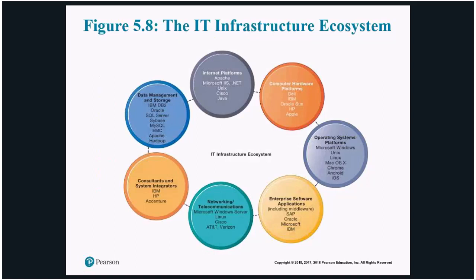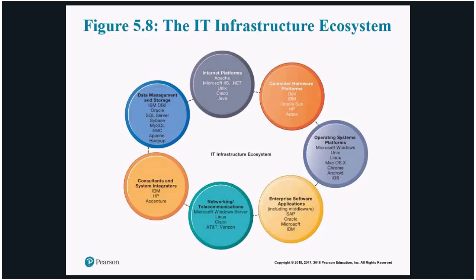There are some bigger ones. AT&T and Verizon are vendors for networking and telecommunication services. Some big consulting firms are IBM, HP, and Accenture. We can also put in cloud partners here like Amazon AWS or Flexential, SingleHop, HP, IBM Cloud, all places where we can integrate our services.